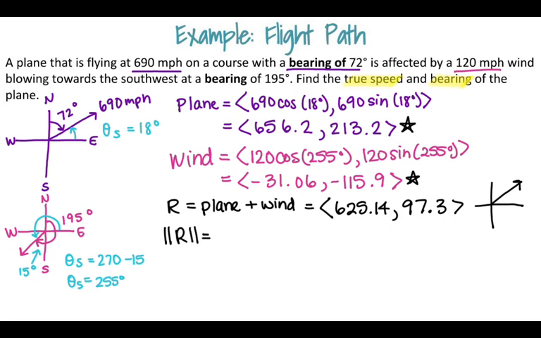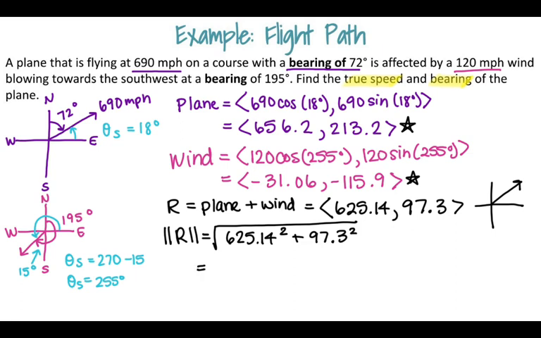Magnitude comes from taking my horizontal component, 625.14, squaring it, plus my vertical component, 97.3, squaring it, and then taking the square root. It comes from the Pythagorean theorem.